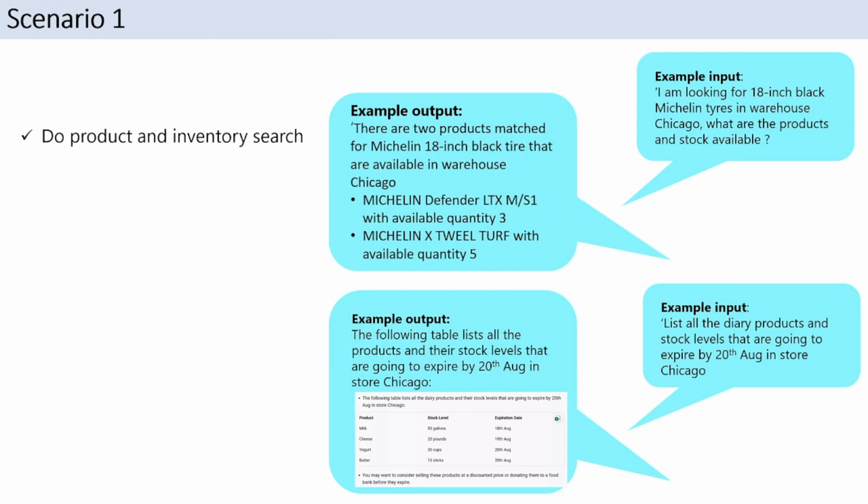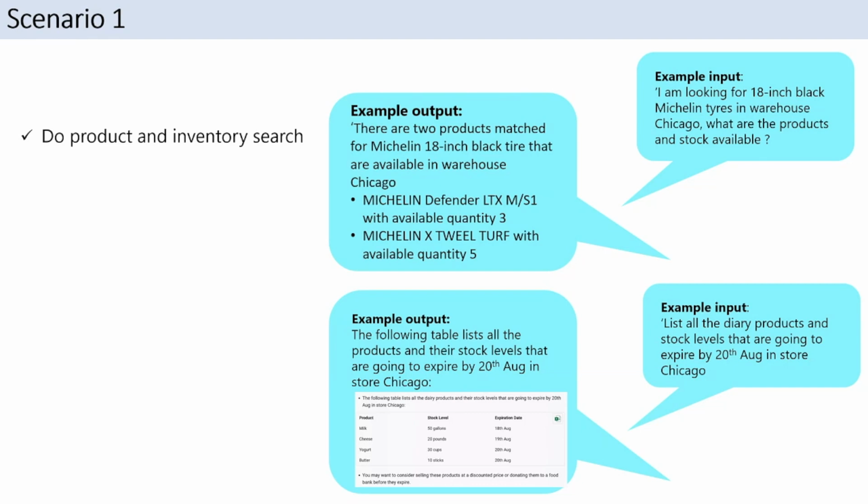From the left side, you can see the example output. Copilot said, hey, we found two products matching the criteria you defined in your input, and it lists the products which fulfill the requirement of the request.